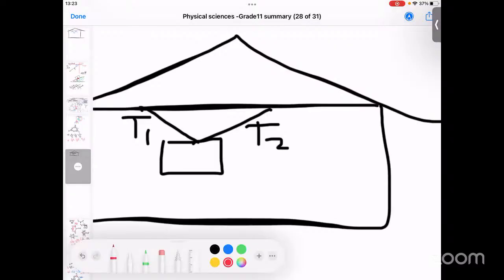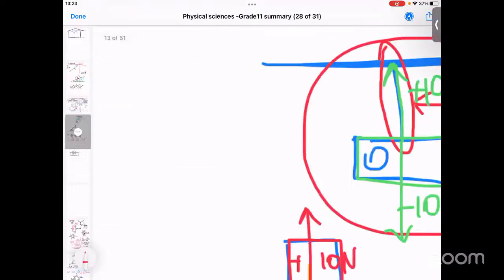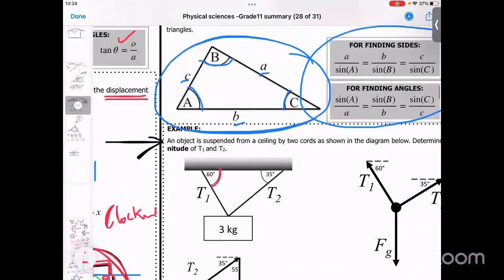So there is that angle, and also there is that angle. This one, I think, is 60 degrees. This one is 35 degrees. We're just saying the angle formed between this cord and the ceiling, and the one formed by that and that. Those are the angles which are measured.